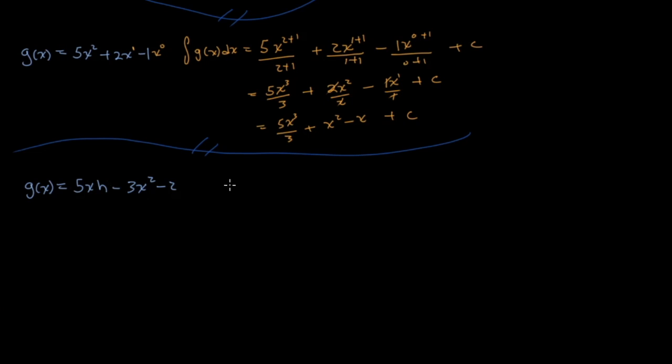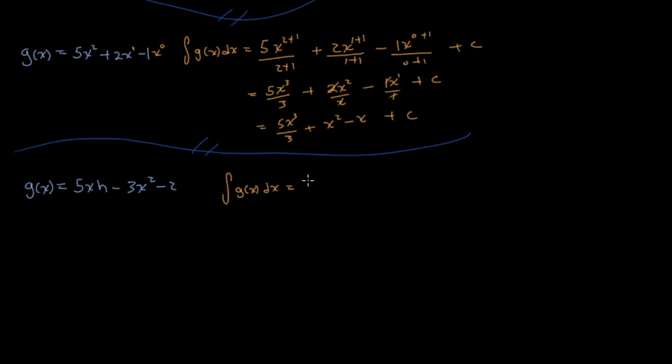And then we're asked to find the integral of g at x dx. So what would that be? Remember, the dx means that we're integrating with respect to x. That means everything else we treat as a constant.